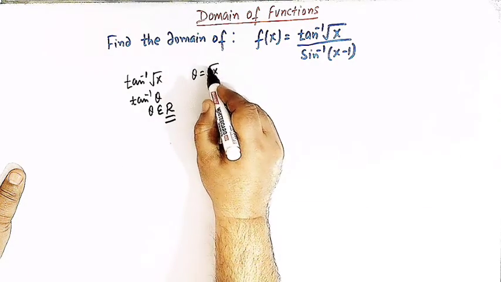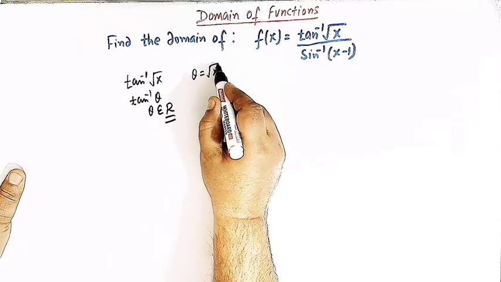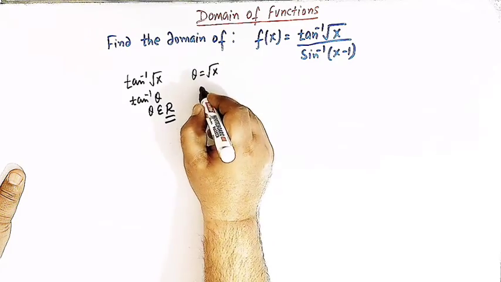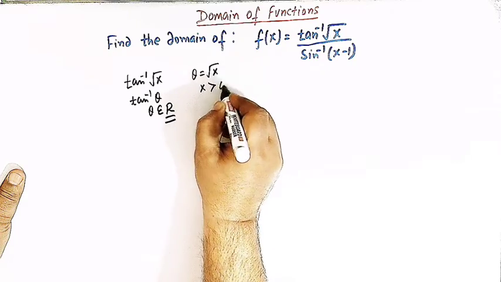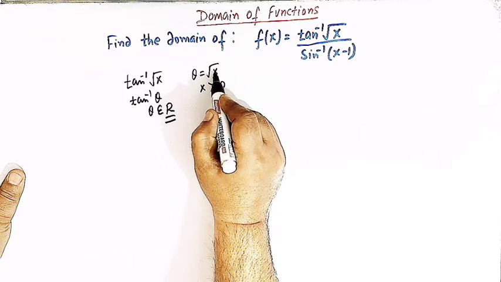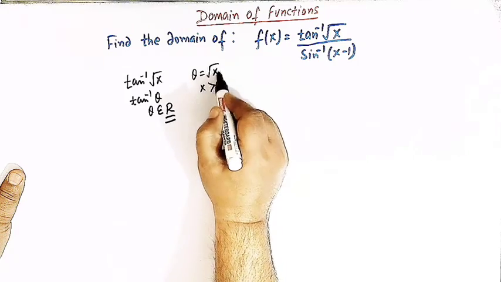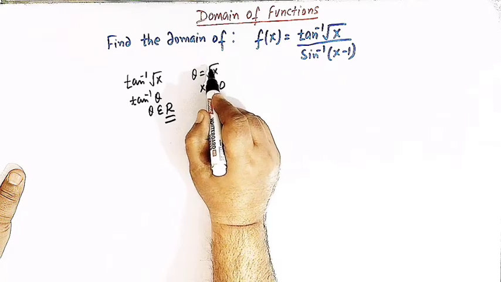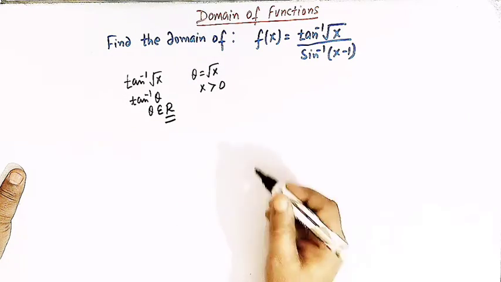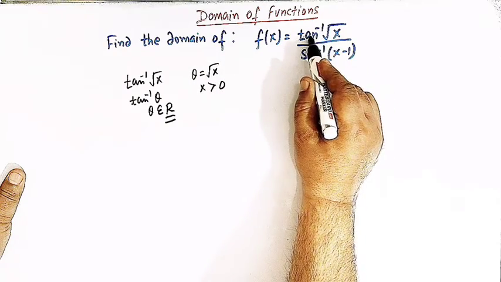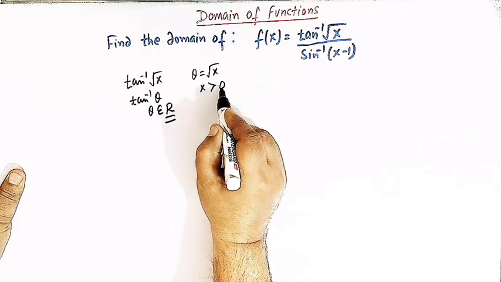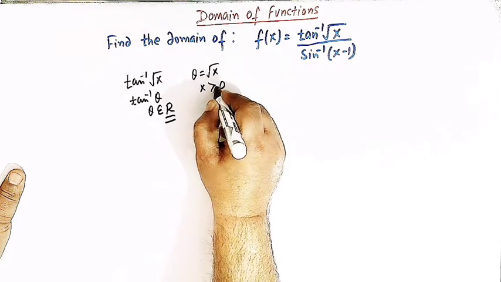And since here we have the square root of x, this quantity x has to be greater than or equal to 0, right? Because x cannot be negative here, because when we have a negative quantity inside the square root sign, then we have a complex number. So here the domain of tan inverse square root of x is x greater than or equal to 0, right?